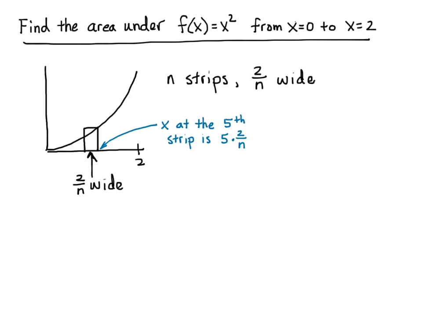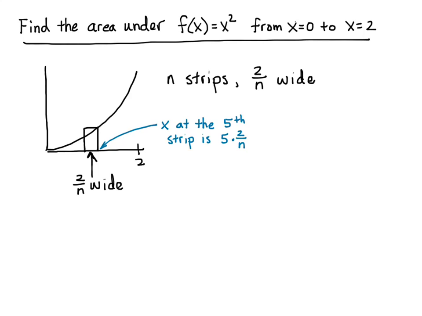And so here the right side is going to be a little easier computationally, because if I look at where these intervals are going to happen, if this thing is 2 over n wide, this first one is going to be at 2 over n. The second one is going to be at 2 times 2 over n.